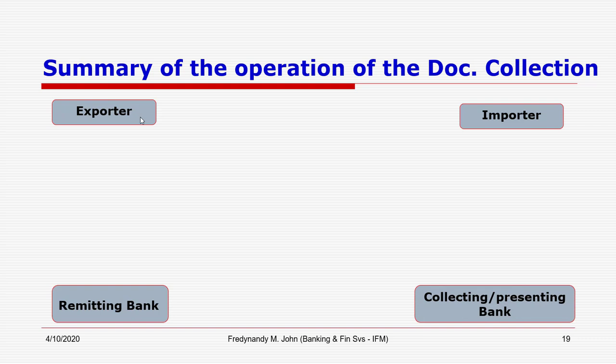The remitting bank and collecting bank are the two banks that correspond to each other. The collecting bank or presenting bank is located in the importing country. That is to say, if the importer is in Tanzania, then the collecting bank will be in Tanzania as well.